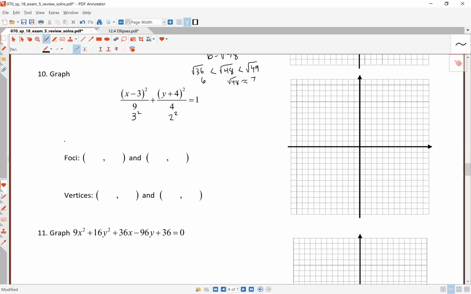So we first locate the center of our ellipse. x minus 3 puts it at a positive 3. y plus 4 puts it at a negative 4. From the center, we go 3 to the left, 3 to the right, 2 up, and 2 down.